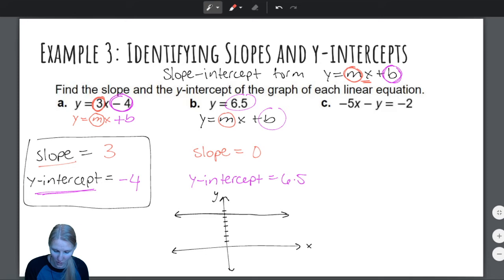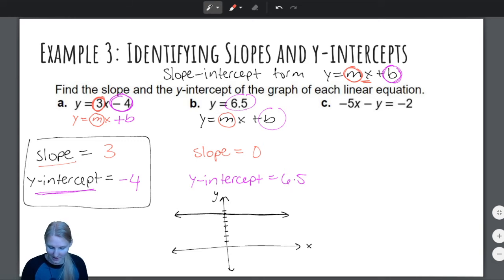So of course the y-intercept is going to be 6.5, because every y-coordinate along this line is 6.5. y equals 6.5, so the y-intercept is going to be 6.5.